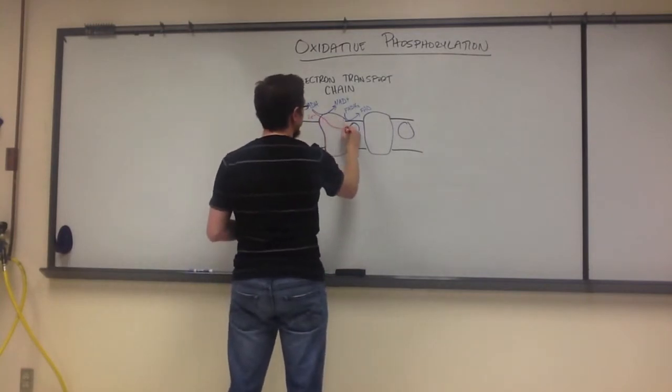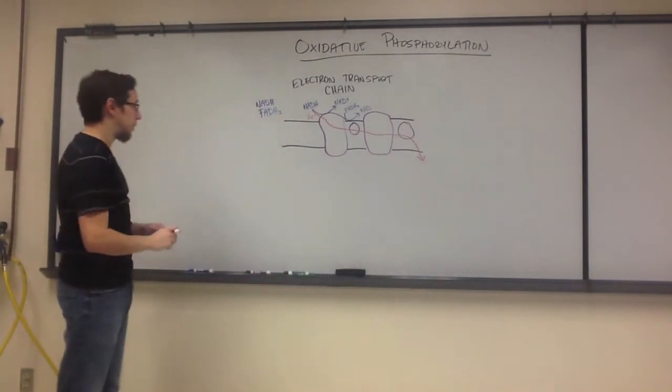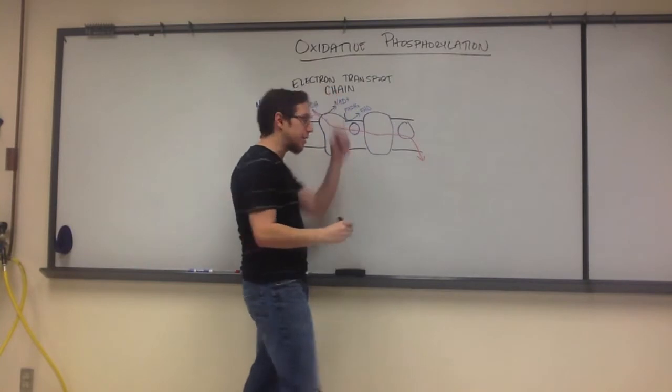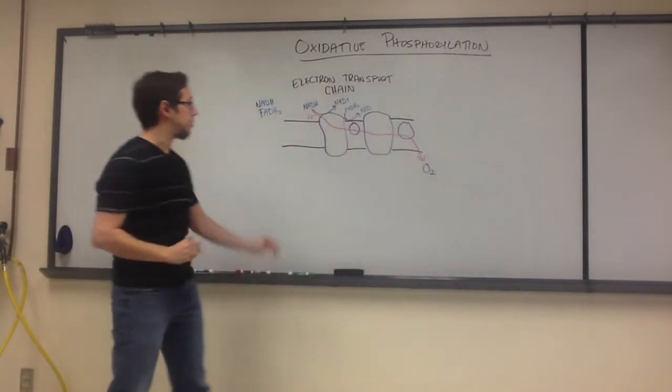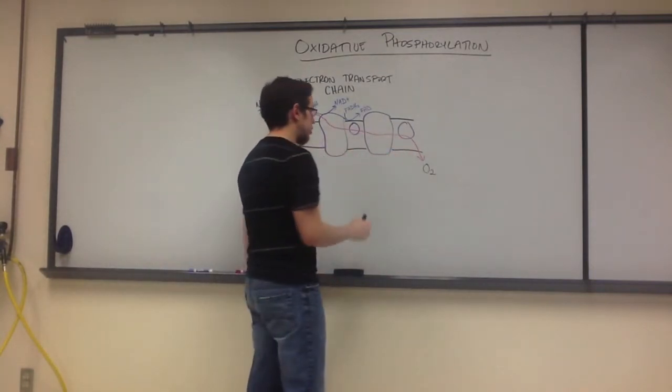Their electrons will be transferred through the chain, and ultimately, because we're talking about aerobic respiration, those electrons will eventually, at the end of the chain, be accepted by oxygen. Oxygen will have the highest electronegativity of all of the components in this chain.